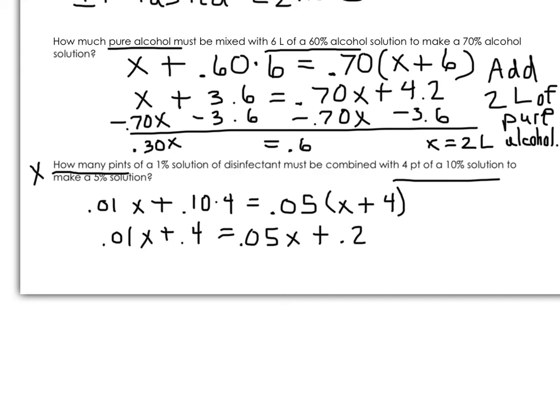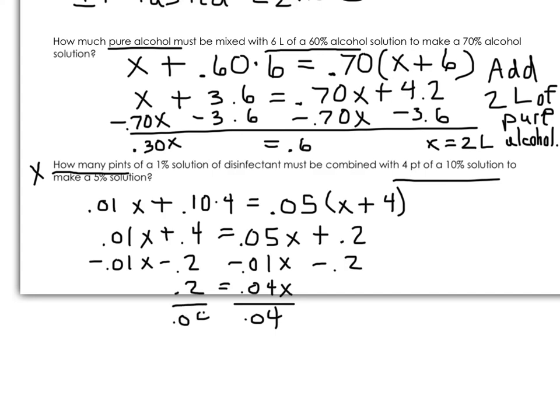Let's solve this equation. Let's subtract 0.01x from both sides. Let's subtract 0.2 from both sides. And we get 0.2 equals 0.04x. Let's divide both sides by 0.04. And we get 0.2 divided by 0.04, 5 equals x.